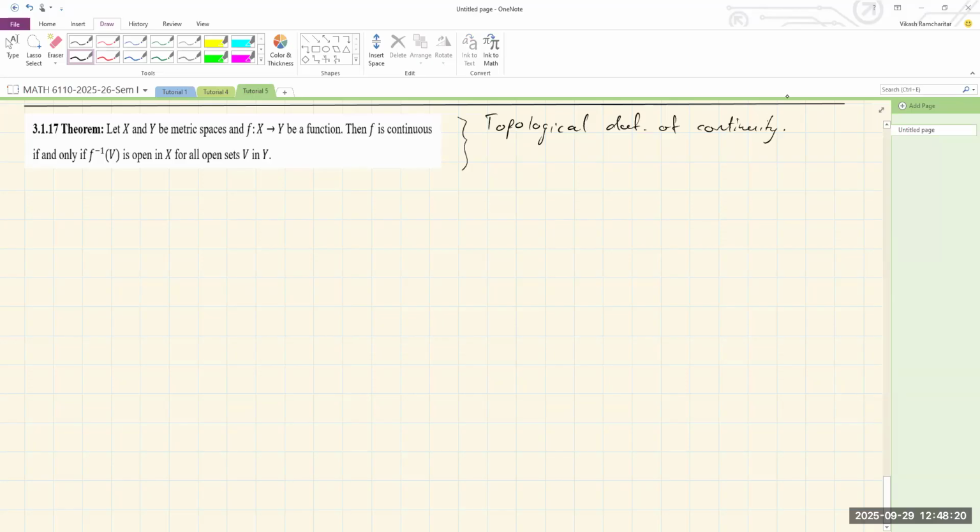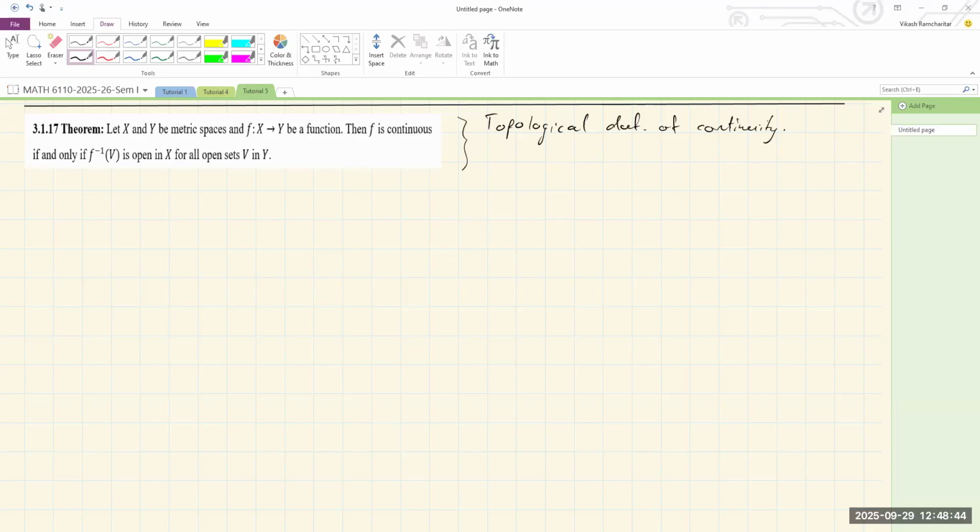Actually, in the area of mathematics called topology, they don't have any metric. A topological space is just a non-empty set together with a collection of open sets, so a subset of the power set that satisfies certain conditions.